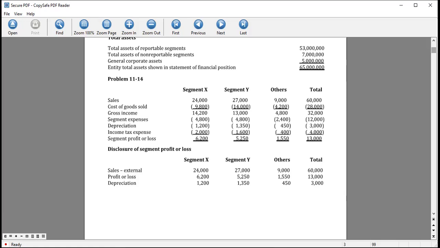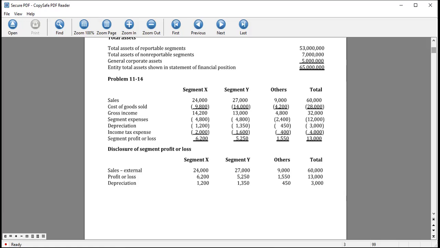Y, 45% or 27 million, and others is 15% times 60 million. So that makes 9 million. Okay? So we have now the total, and then we deduct the cost of goods sold for a total of 28 million.